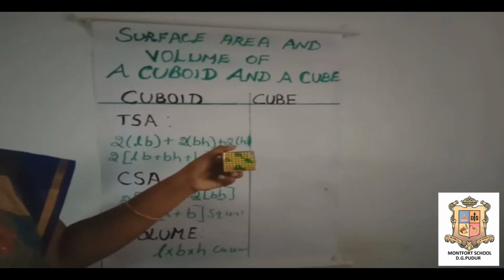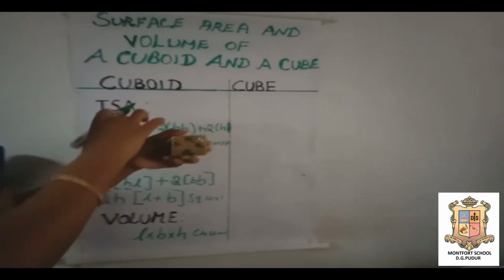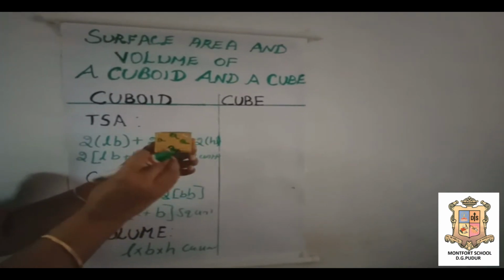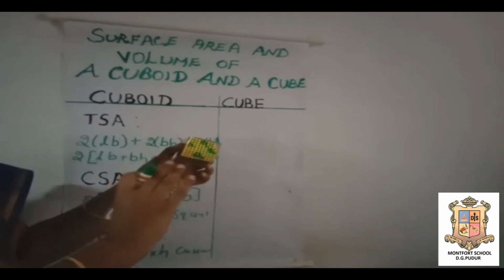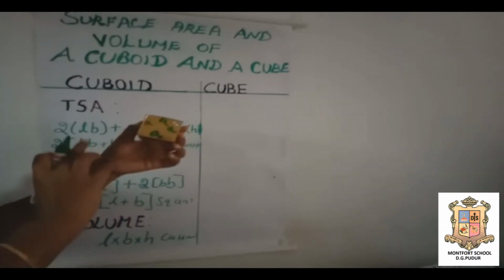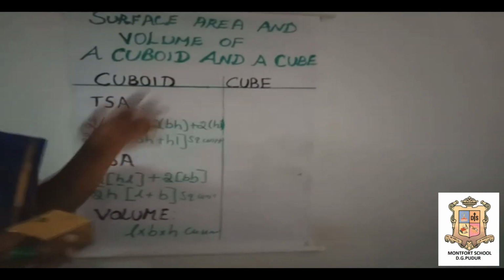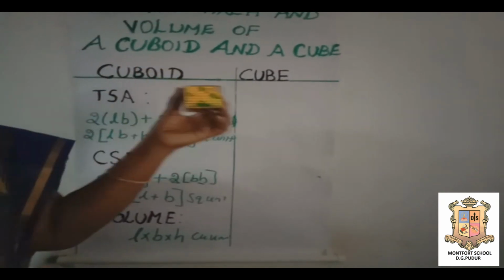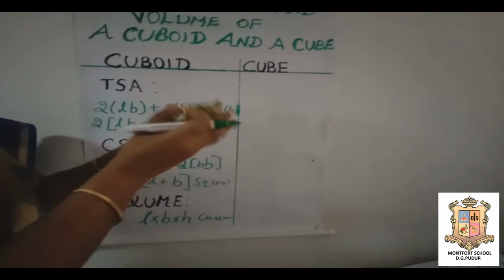Now, let us find these for a cube. Since all the 6 faces of a cube are squares of the same size, the length, breadth and height are the same. Let it be A. Then we find the total surface area of the cube. As we discussed earlier, the total surface area of a cube equals the sum of the areas of its 6 square faces.